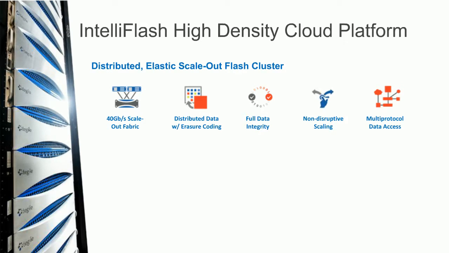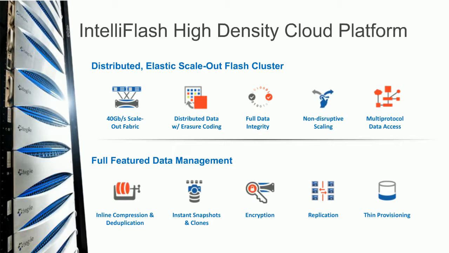So, of course, we can have databases running over block, we can have file systems available for people on file shares, and anywhere in between. As well as all the data management features required to protect all that, and also drive economics even more aggressively with deduplication, compression, and other technologies such as that.